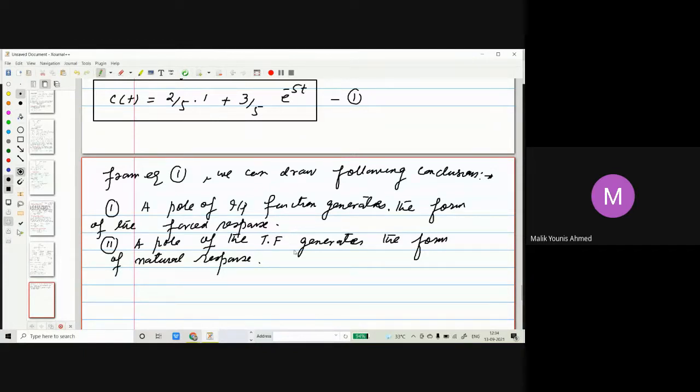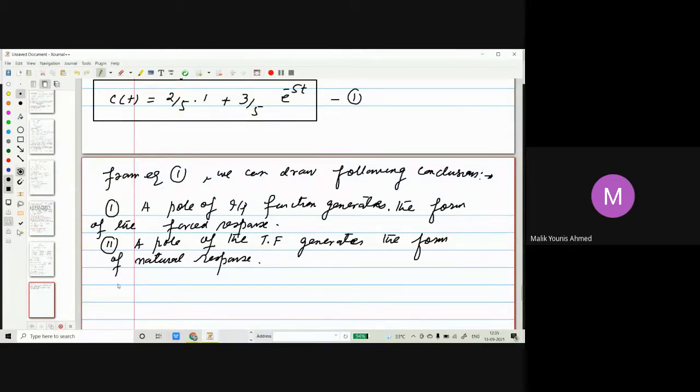So that's a natural response. The pole of the input will generate the forced response, whereas the system pole, or the pole of the transfer function, will generate the form of the natural response.